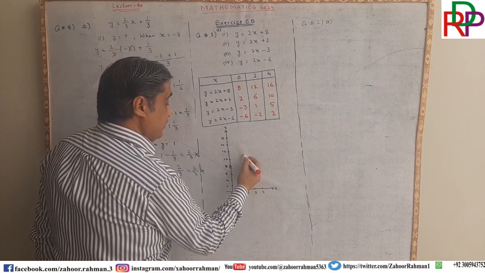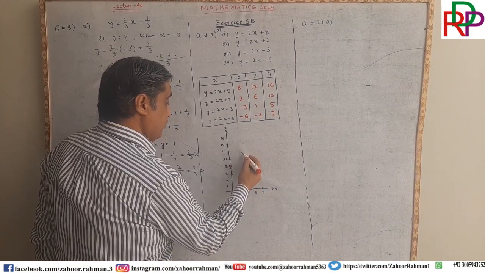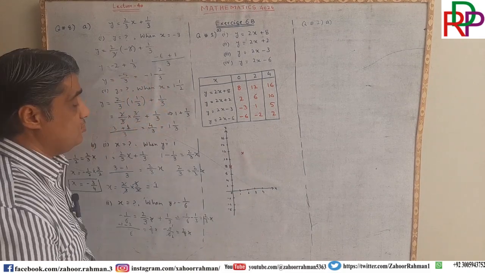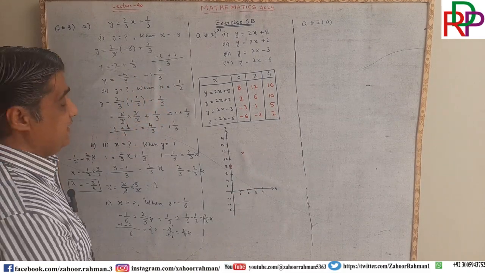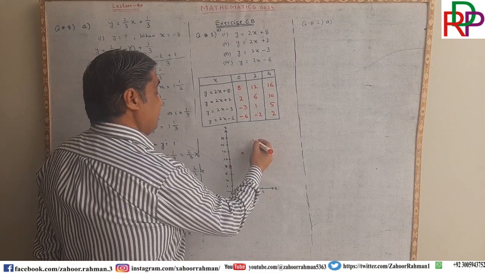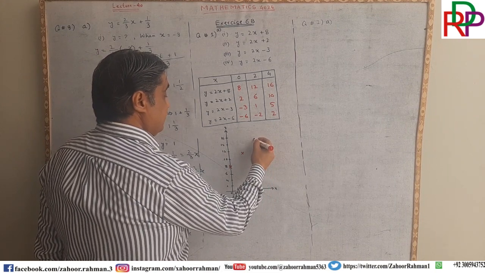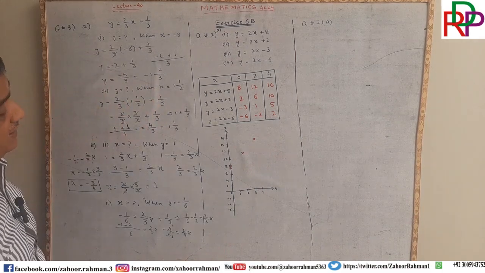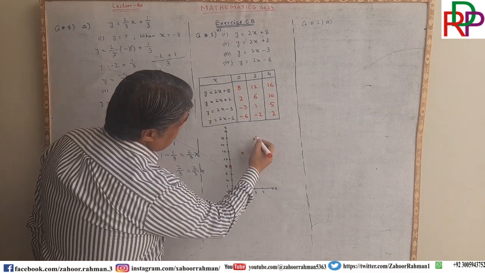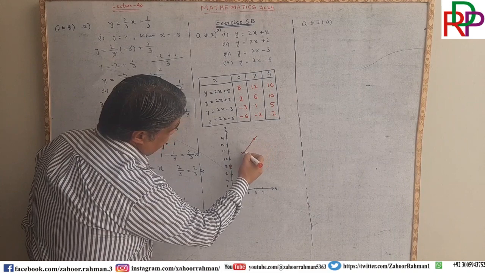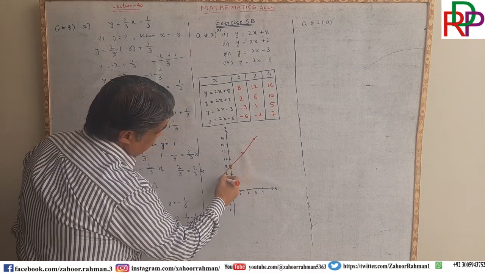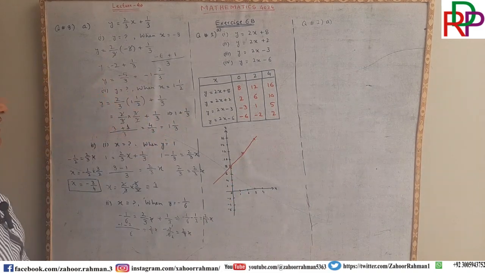So this will be the point. And for 4 we have 16. So this will be the point. Now we have to connect all these points and we will get a line like this.